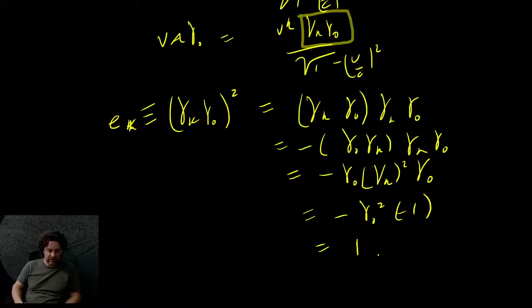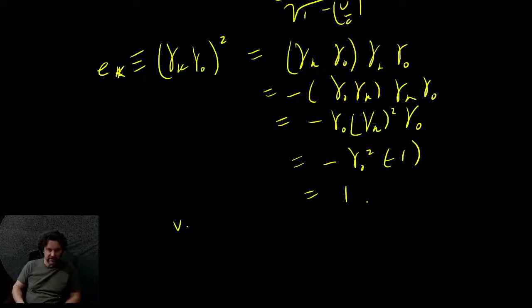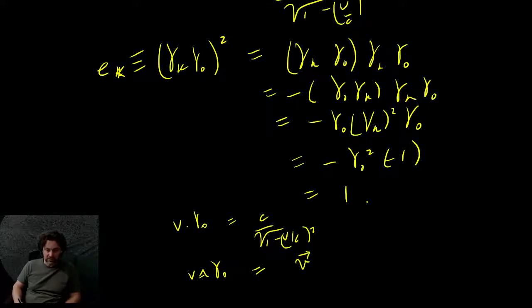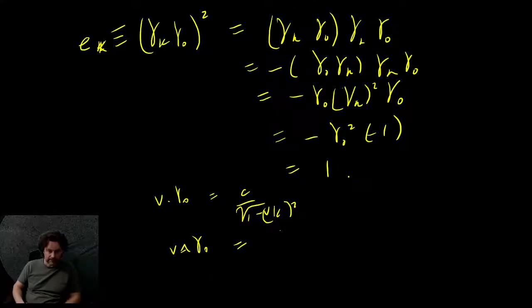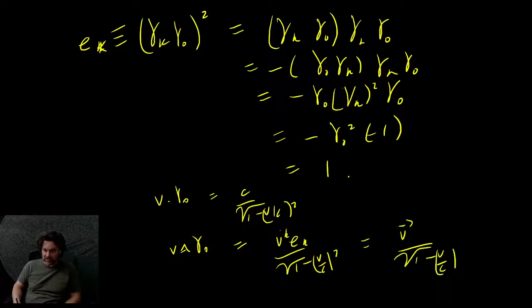In particular, v dot gamma naught was our gamma factor times c, so that was c over the square root of 1 minus v over c squared, and v wedged with gamma naught is v_k e_k over the square root of 1 minus v over c all squared, which is velocity over the square root of 1 minus v over c squared.